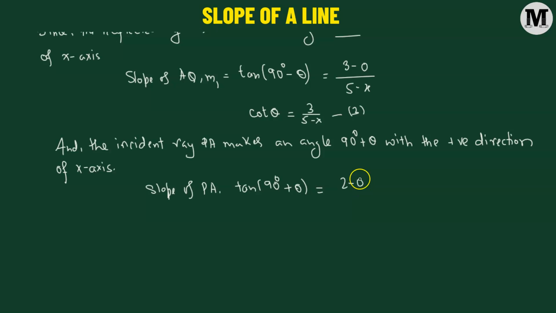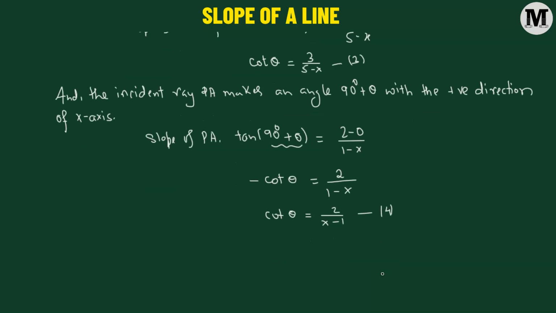Now, what's tangent of 90 degrees plus theta? We know that's negative cotangent of theta. The reason is that 90 plus theta takes it to the second quadrant where the tangent and cotangent functions are negative. So negative cotangent theta equals 2 over 1 minus x, or simply we have cotangent of theta equal to 2 over x minus 1. What we have done is multiply both sides by negative 1. Let this be equation number 4.